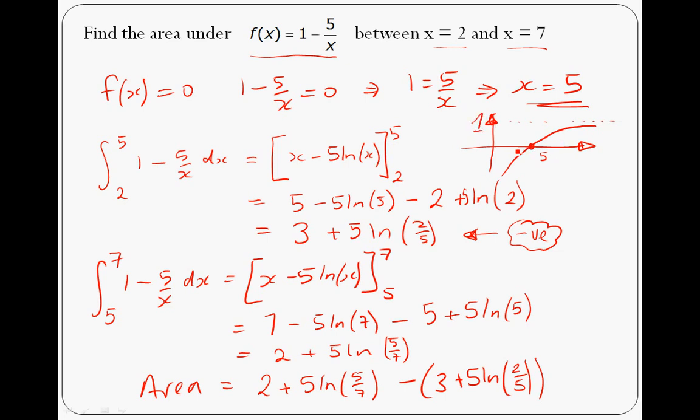So when we're working out the area, we're going between 2 and 7. So between 5 and 7 the area is positive, between 2 and 5 it's negative. And that's why we have to subtract the first integral that we found. Okay, I'll leave it to you to put some numbers in. And that's it.